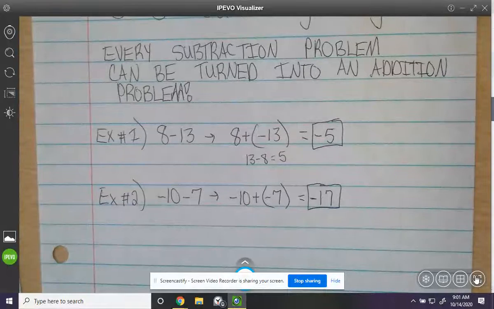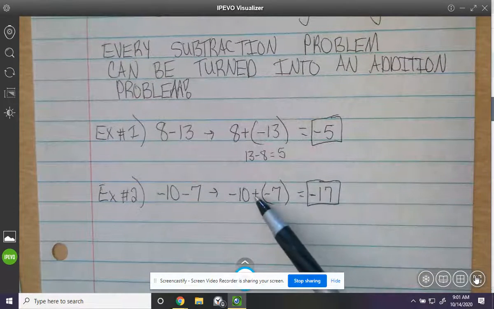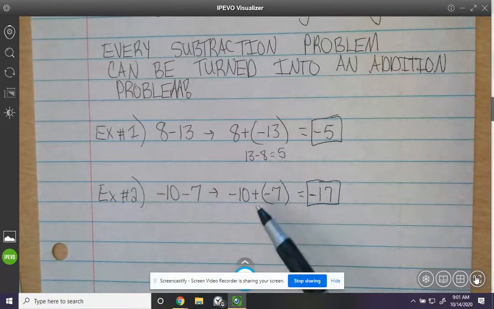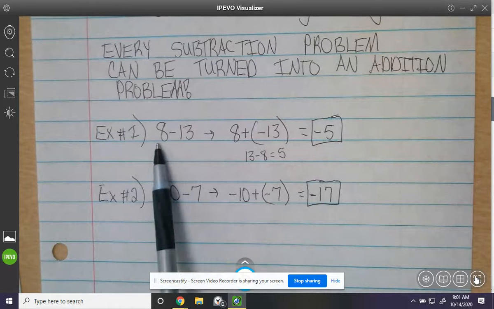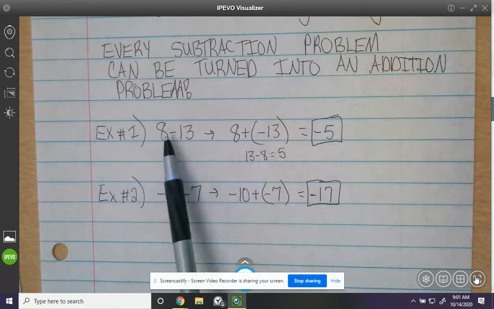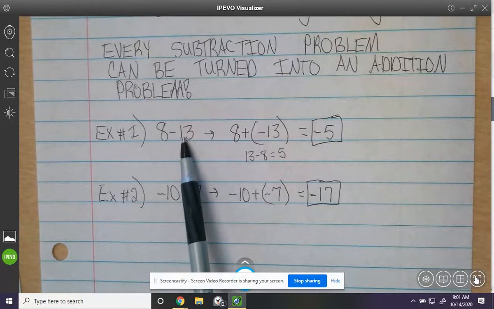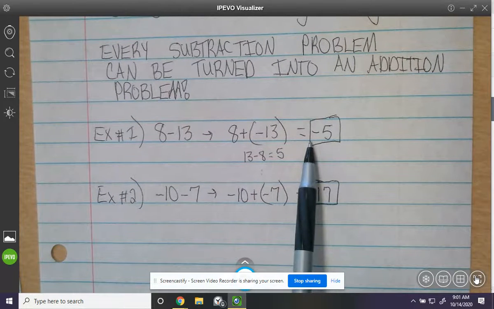Okay, so here's the deal though. I'm super lazy, and I never do this step anymore. I never turn it into an addition problem because it's just one more thing for me to write. So I honestly just look at this. 8's positive, 13 is negative, because a negative and a subtraction sign are the same thing. So if I have a positive and a negative, that's two different signs, so I subtract, keep the sign of the bigger number.